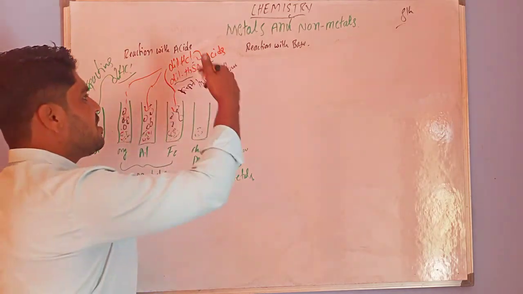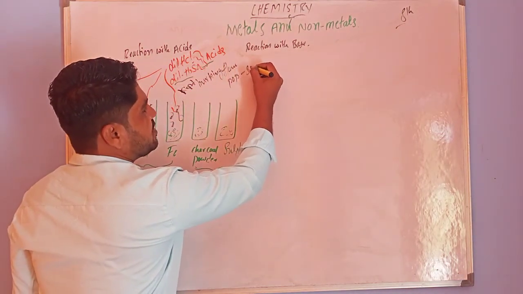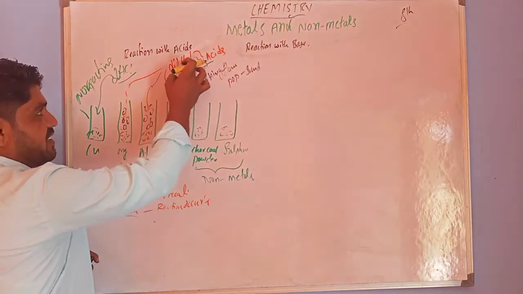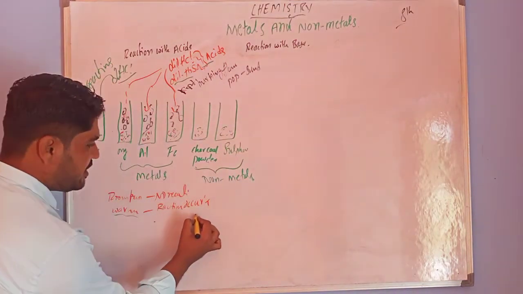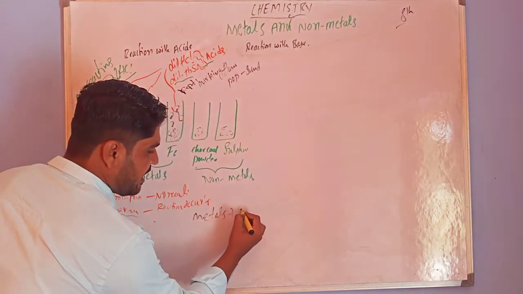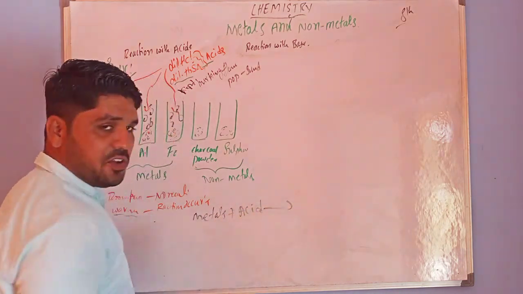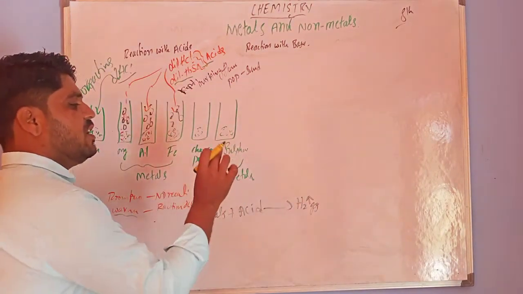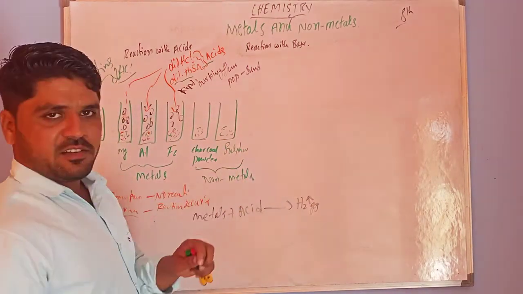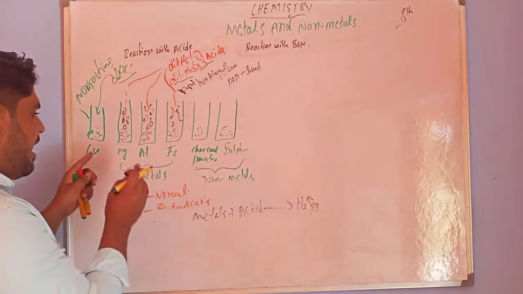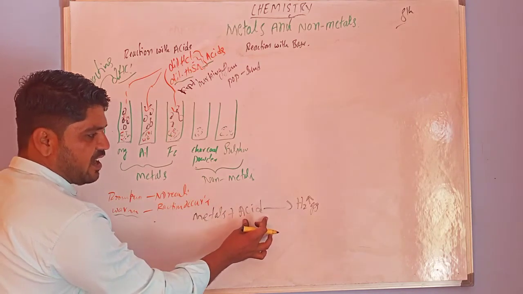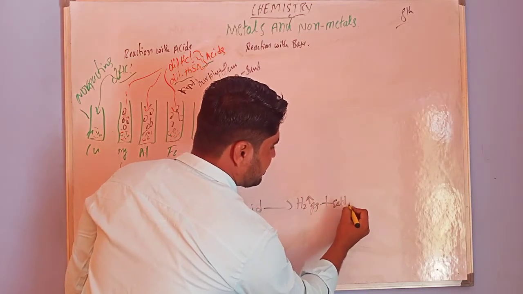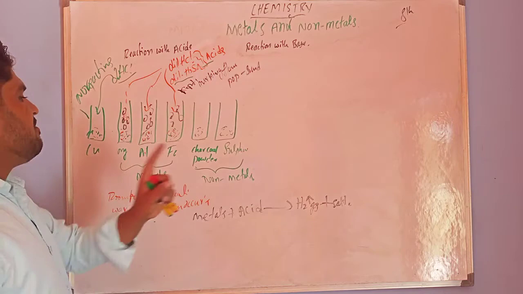It gives a pop sound. Why? Because when metals react with acids, hydrogen gas is produced. Hydrogen gas is shown with an upward arrow mark, which means the gas escapes. When metals react with acids, they produce hydrogen gas and the corresponding salt.